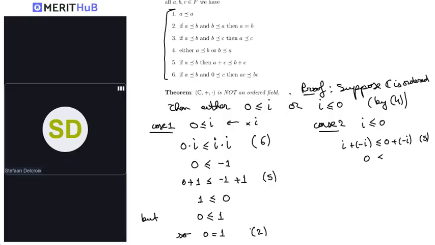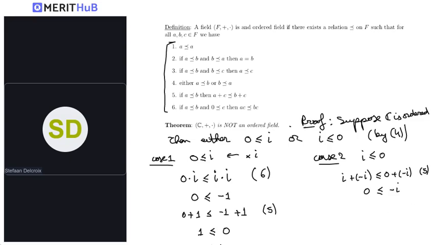Then you get 0 less than or equal to the opposite of i. I got my positive number. So now I'm going to multiply both sides of this inequality by the positive number, the opposite of i.